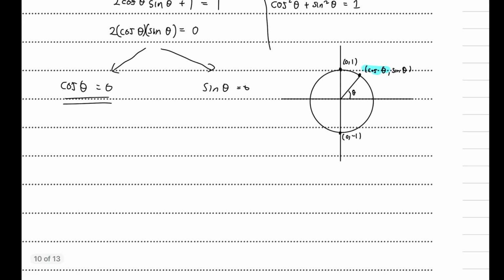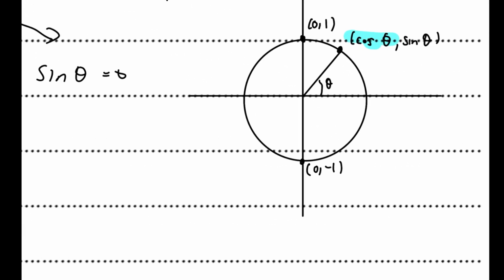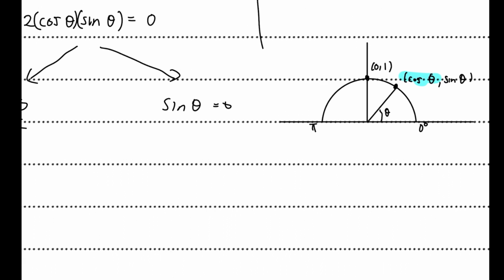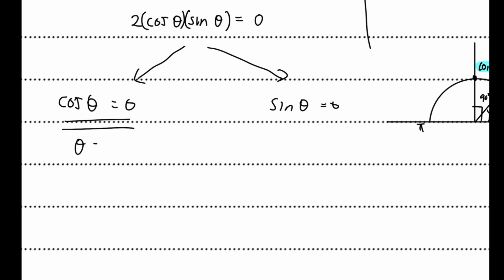So pi is like half the circle, so we have to erase the other half of the circle. We don't care about what happened after pi. So it's like 0 degree, this is pi. So we only have one coordinate. Sorry. And that gives you the angle of 90 degree. So theta will be 90 degree, or we change it into radian, pi over 2.